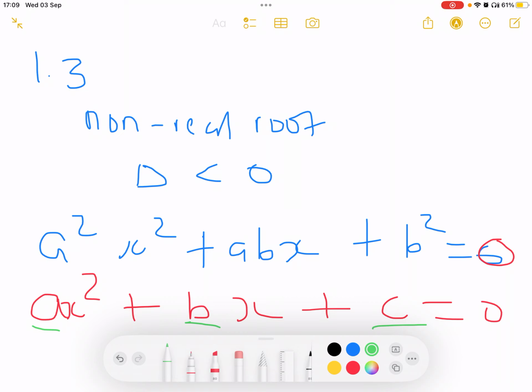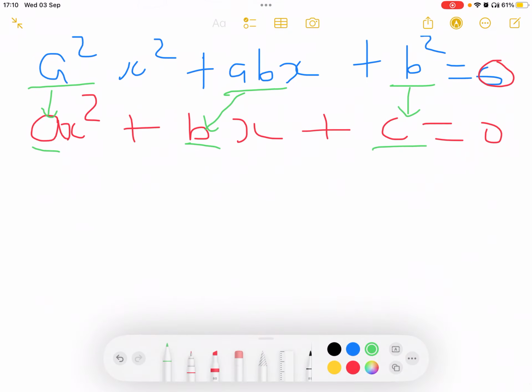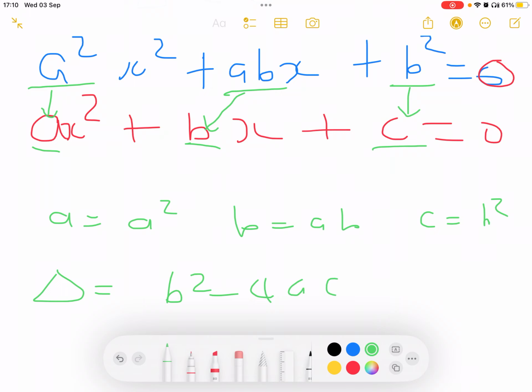And in this equation, you can clearly see that a squared is related to this a, and then the ab is related to the b, and then this b squared is related to the c. So this means we can easily label that our value of a on the discriminant is a squared, our value of b is ab, and our value of c is b squared. Then our discriminant equals b squared minus 4ac.